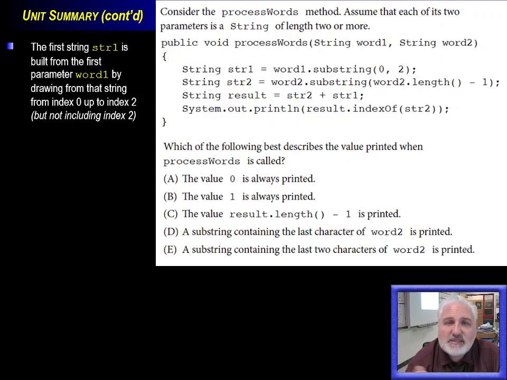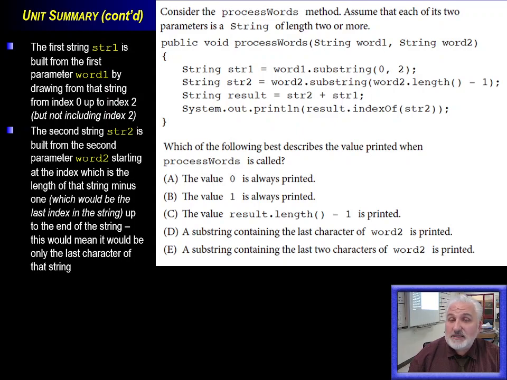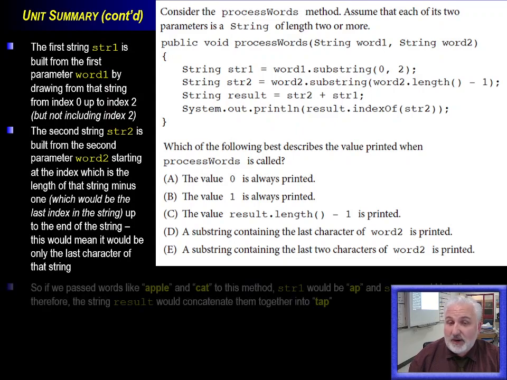Okay, so the first string str1 is built from word1 by drawing upon 0 up to index 2, but not including index 2. The second string, str2, is built from the second parameter, word2, starting at the index which is the length of the string minus 1, okay, which means it would only grab the last character of that string.